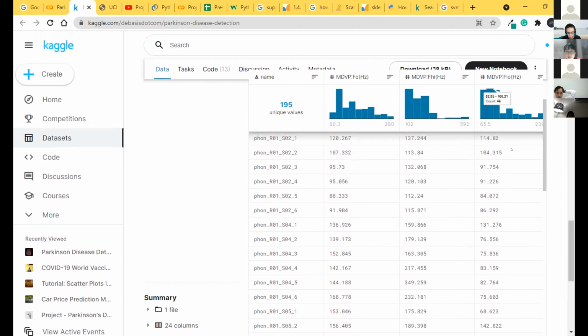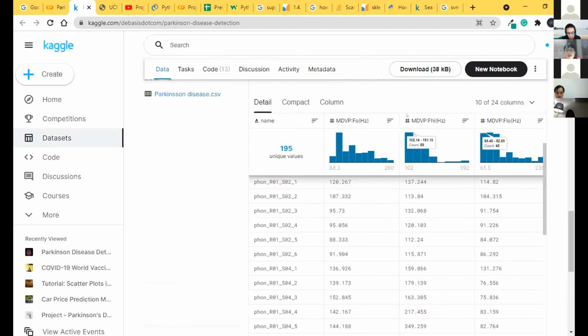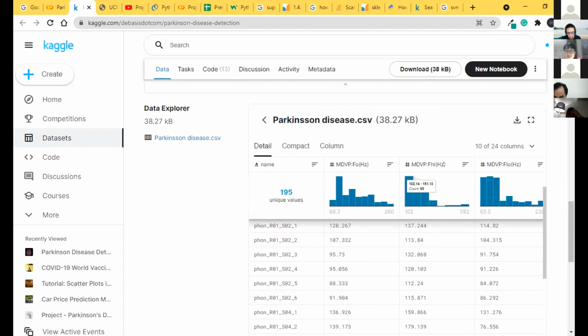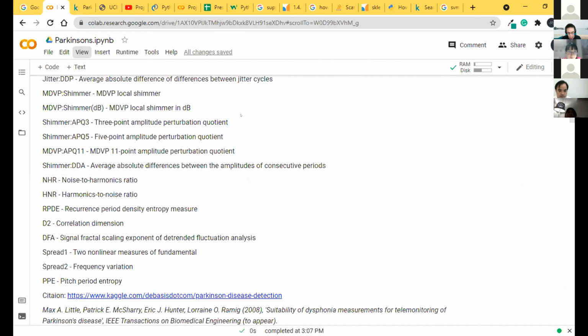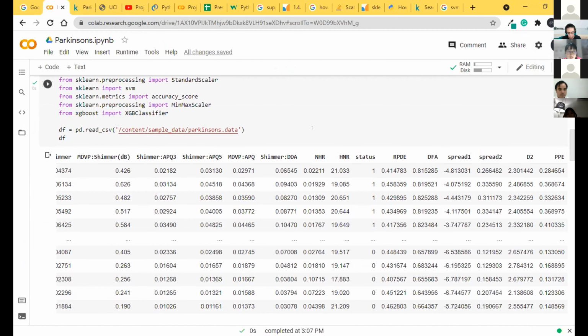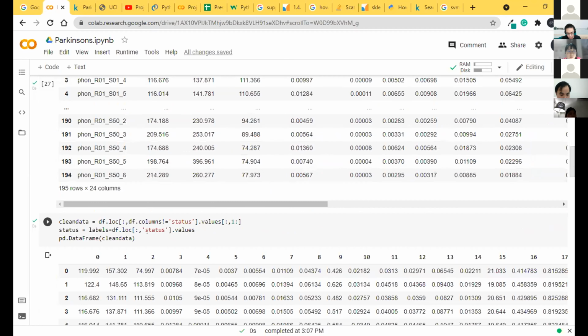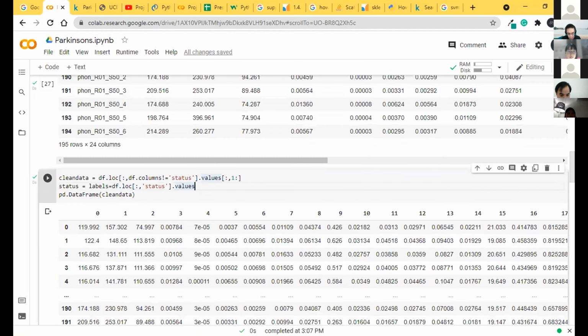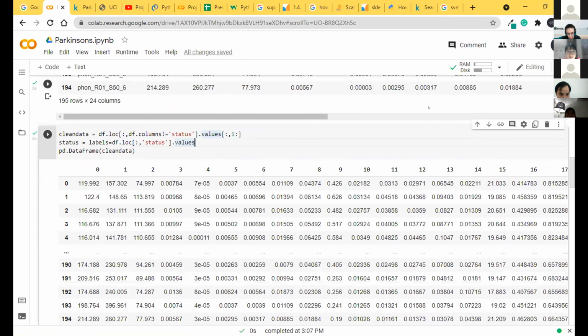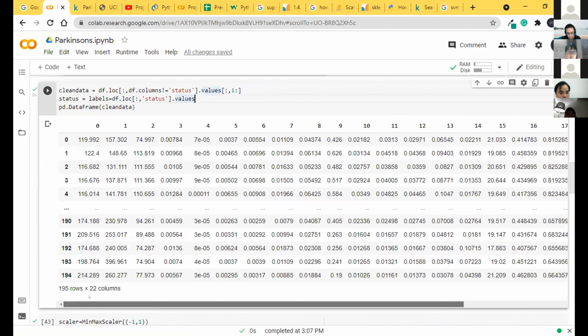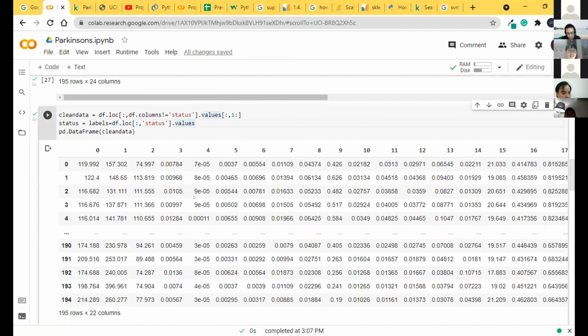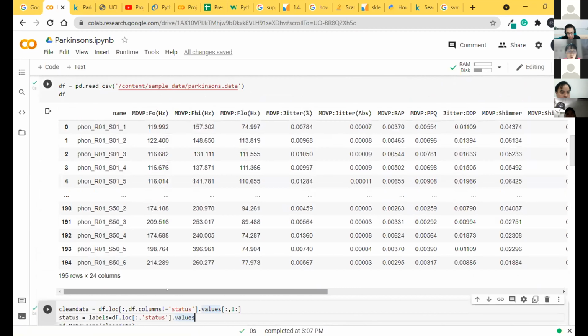The columns are about 24 columns. Okay, we can go back here. This looks good. Yes, and then I will try to clean the data first, so it will contain only the stuff that I want.